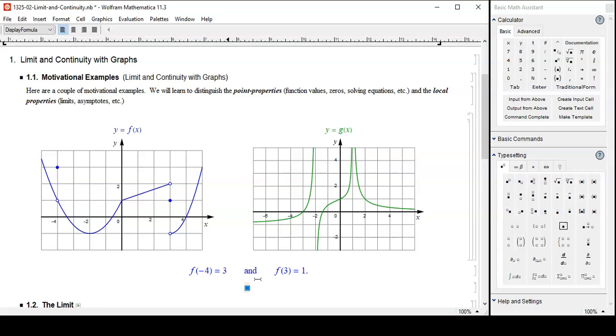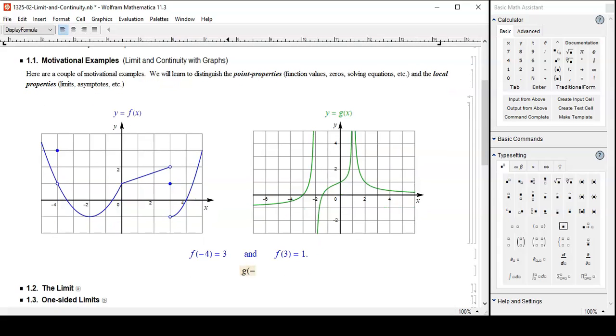And then how about the green graph? G of -2 is undefined. Nothing here. And if there were any point somewhere, then that will be my point, my function value. And how about G of 1?